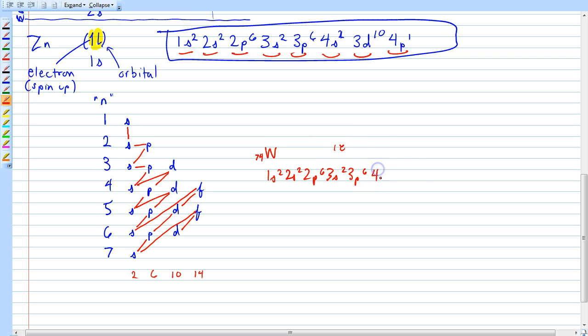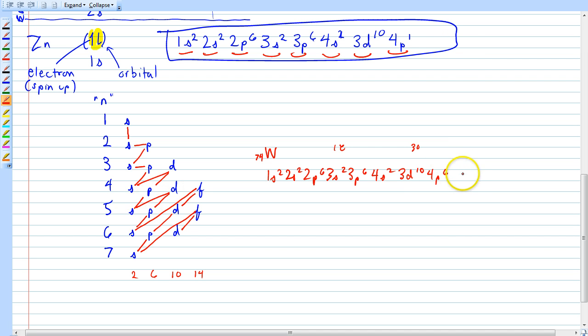And now I go to 4s2, then 3d10. That's another 12, so that brings me up to 30. After 3d10, looking on my diagram here, after 3d, I go to 4p. So I've got 4p6, that's 36.